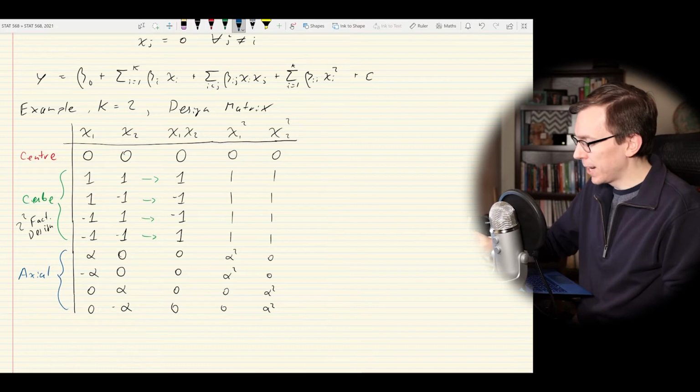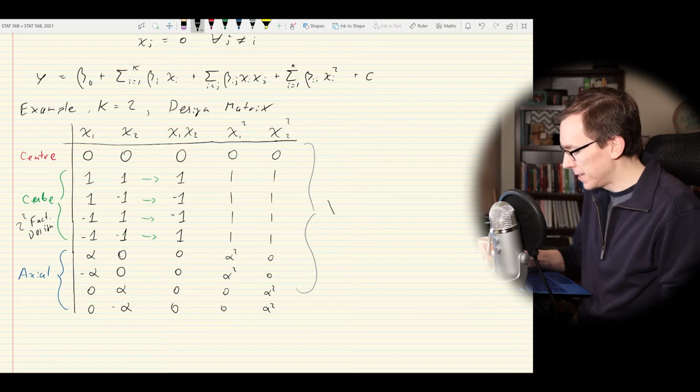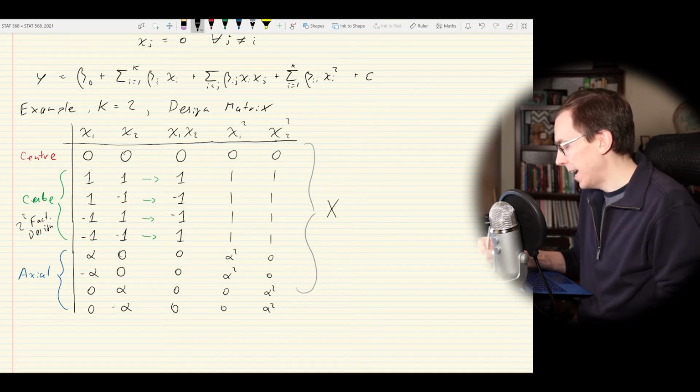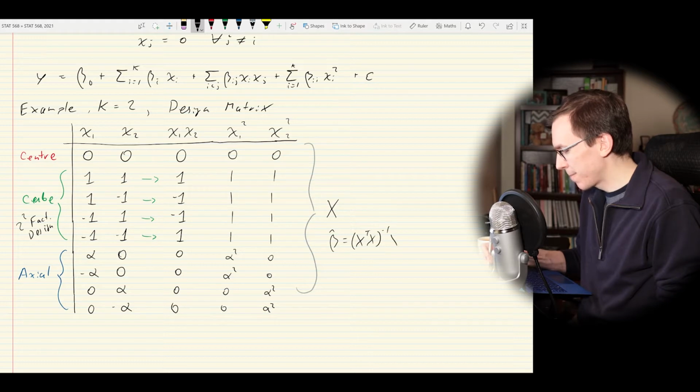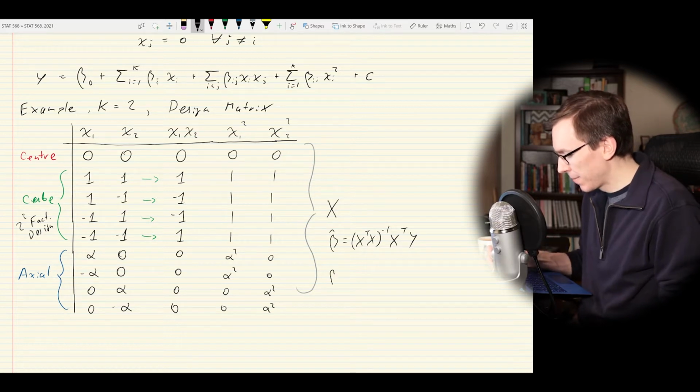Because ultimately, if we take this entire matrix, this is going to be the design matrix X, and ultimately we want something like beta hat is equal to X transpose X inverse X transpose Y, right? Where in this case, X is this big matrix, and beta hat is going to be our vector of estimates.